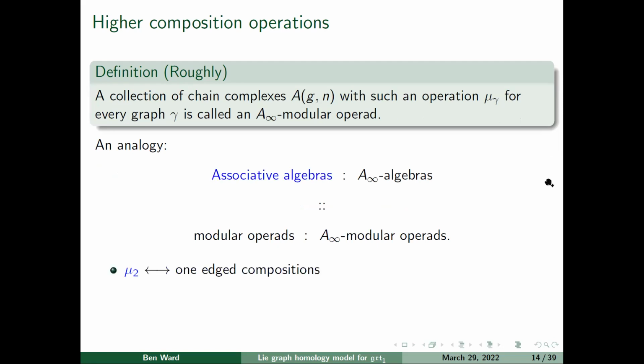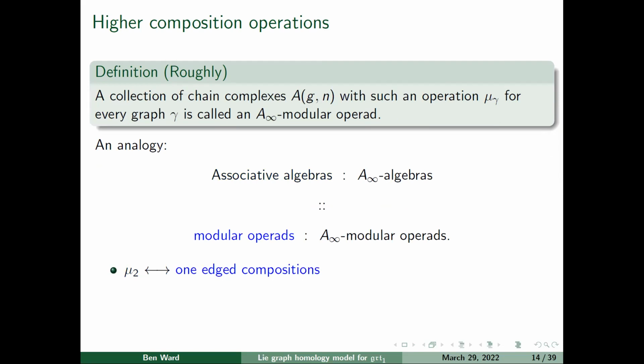So the way this analogy goes is you think of in an associative algebra, you can multiply things together, but only 2 at a time. The parenthesization doesn't matter, but you can only multiply things 2 at a time. Similarly, with a modular operad, you can compose along any graph, but you have to do it one edge at a time.